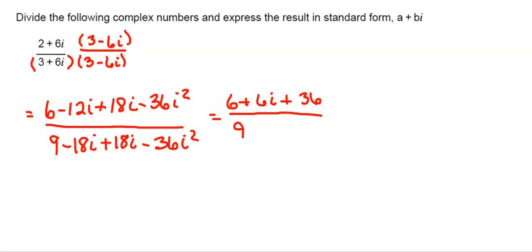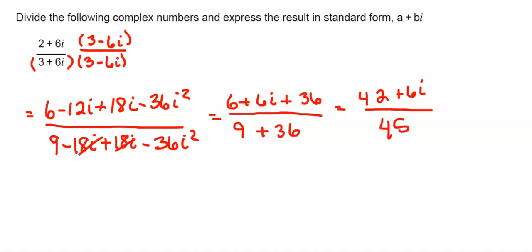Negative 18i plus 18i, those are opposites, they add to 0. And then negative 36i squared, i squared is negative 1, so that's negative 36 times negative 1, which is positive 36. In the numerator, we've got 6 plus 36, that's 42, plus 6i over 9 plus 36, that's 45.